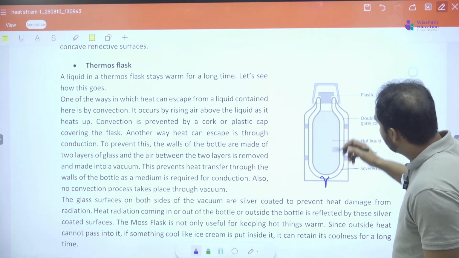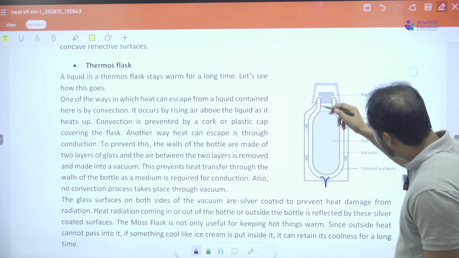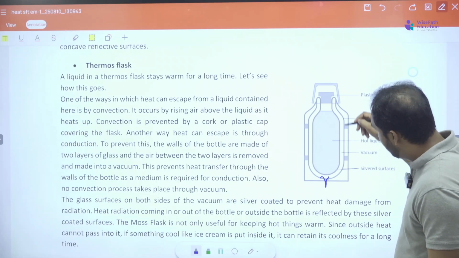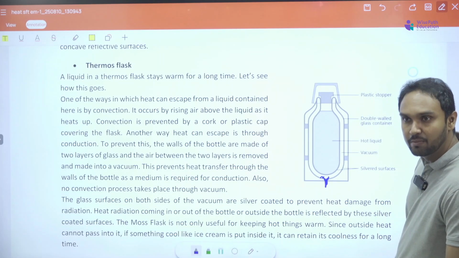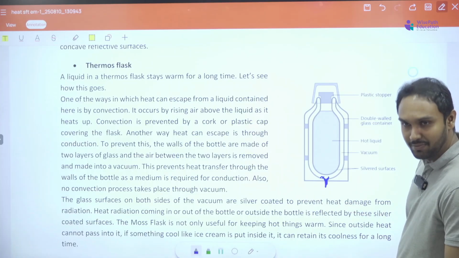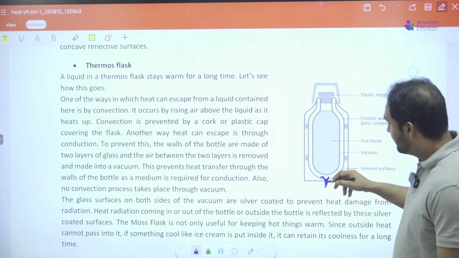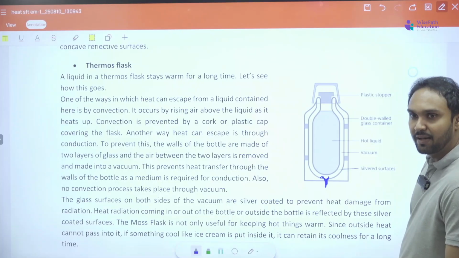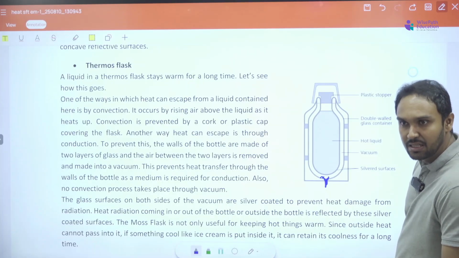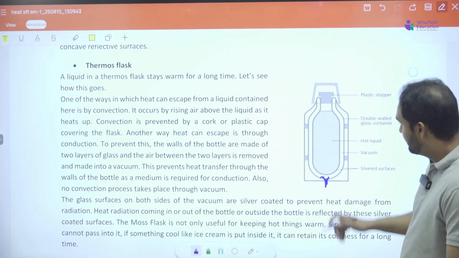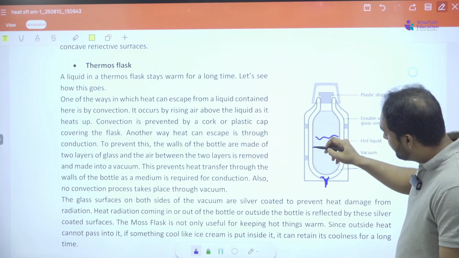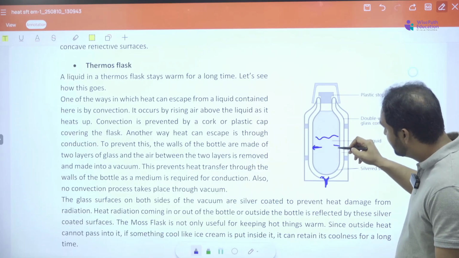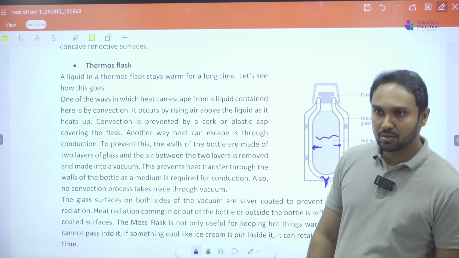So what they do is they take all the gas out of this area, and you seal it. That is a vacuum seal. If you break it, there's no use of it, right? Why is it vacuumed? So the conduction is stopped. Because of this vacuum, the heat can't conduct through, so the heat remains inside, right?